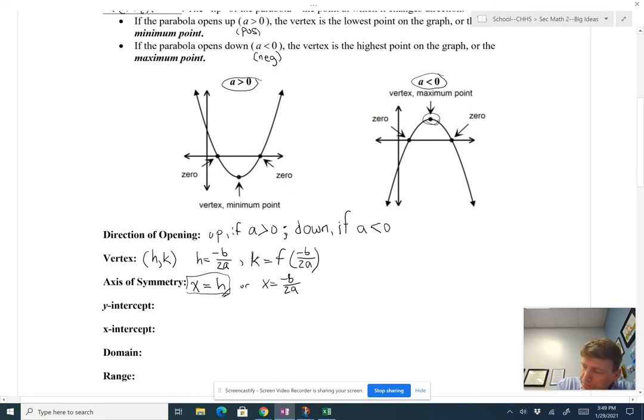Y-intercept: replace x with 0 and solve for y.